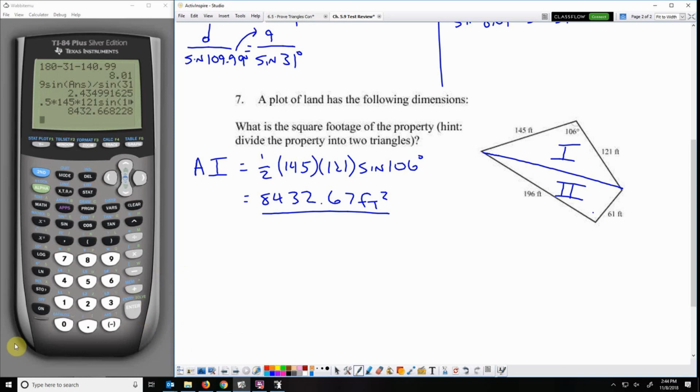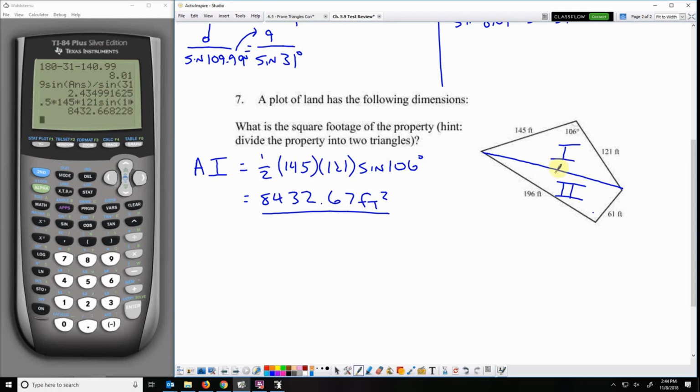Okay? In order to find area 2, I don't have an angle measure here. I probably should find this side length right here. And then I'll have side, side, side, and I can use Hero's formula. So to find this missing side length, I've got to go back up to triangle 1, and I can use the law of cosines to get the missing side.